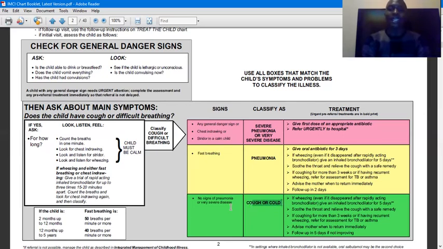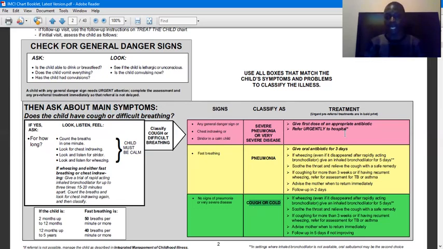Meaning in the scenario question, you'll be told this child has just presented with a cough or difficulties in breathing with no accompanying sign, so your classification is just a cough or a cold. So this is how you classify the main symptom of cough or difficulties in breathing according to IMCI.